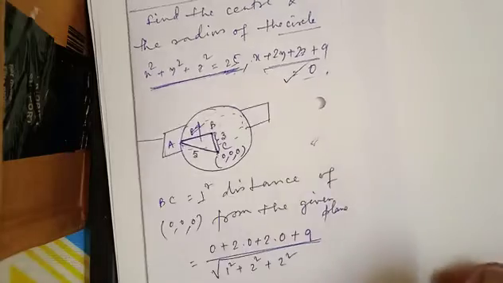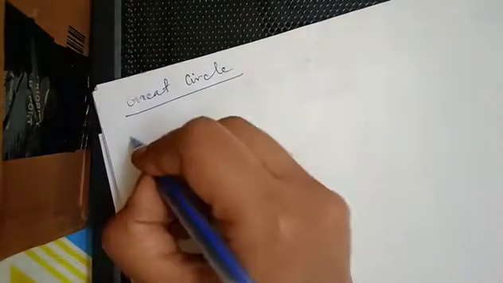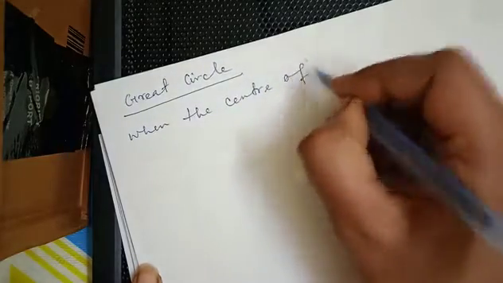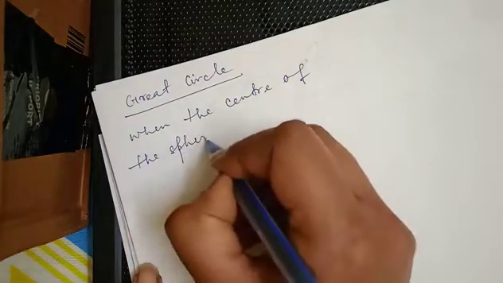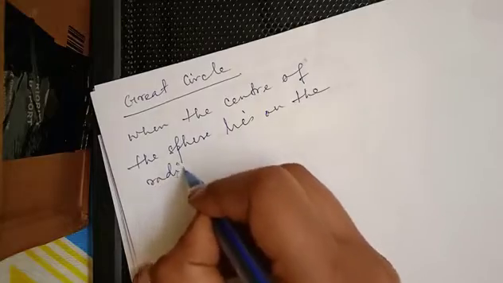Next, there is another thing which is pretty common in exam questions, which is called great circle. Great circle means when the center of the sphere lies on the radical plane.